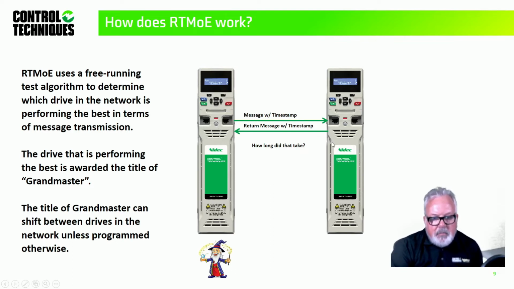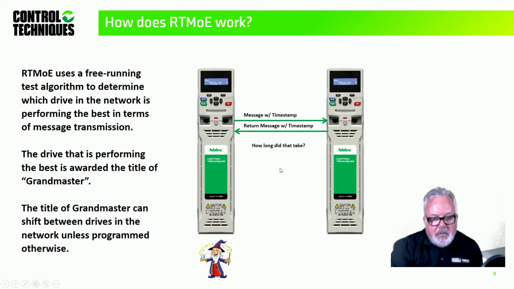So what happens then is whoever is doing the best in terms of performance when it comes to sending and receiving messages is awarded the title of the Grand Master, which is my favorite term by far. I've always thought I should probably put that on my business card, but anyway, you'll see that even in Connect software, which I'll show you, who's awarded the title of Grand Master.